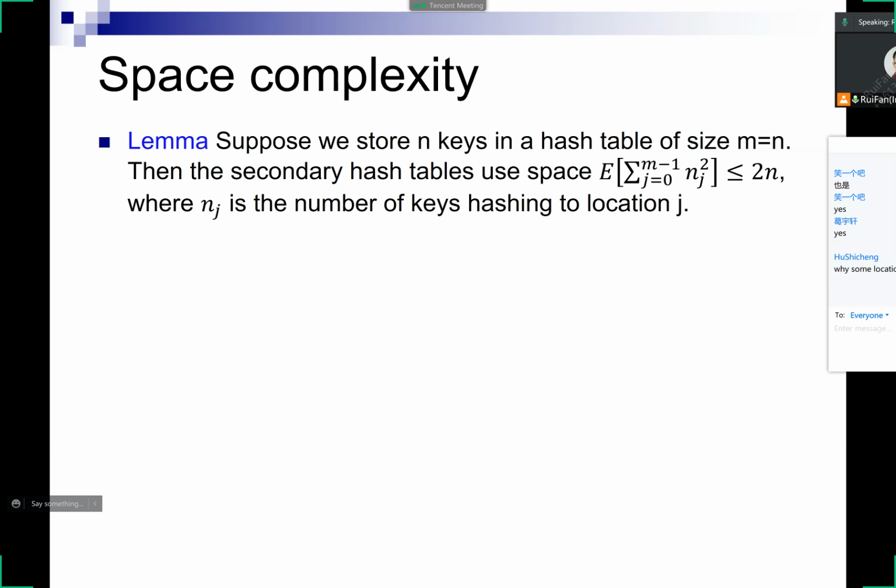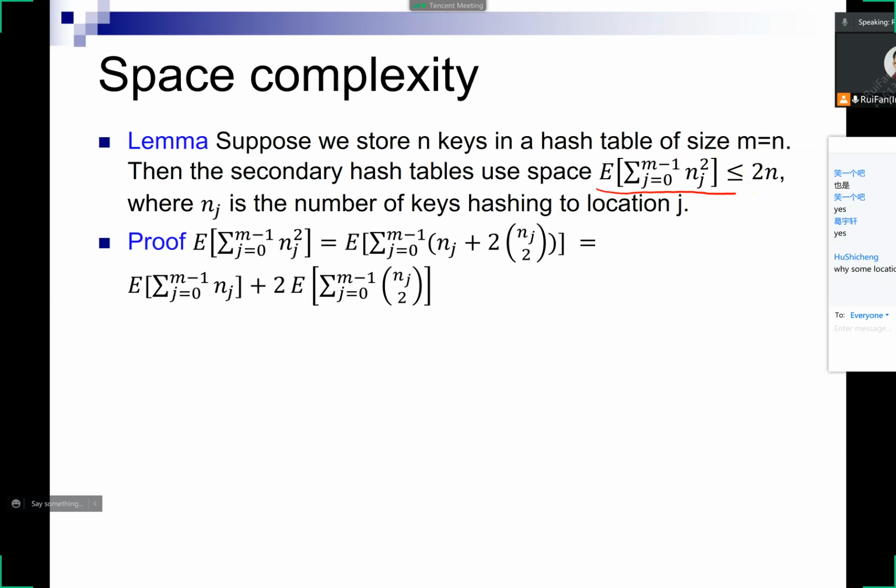We're going to prove that if you add up all of these second level hash tables, their total size is in expectation no more than 2 times n. The way we do this is to take the sum and expand it this way. You can check the algebra that this expression over here is equal to nj squared.